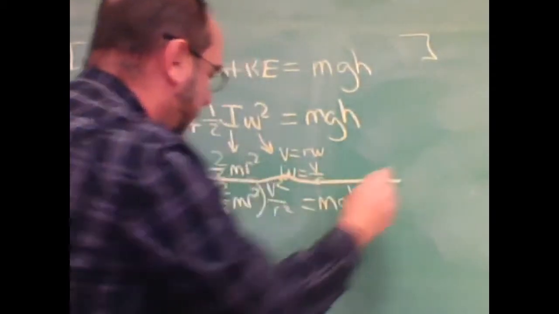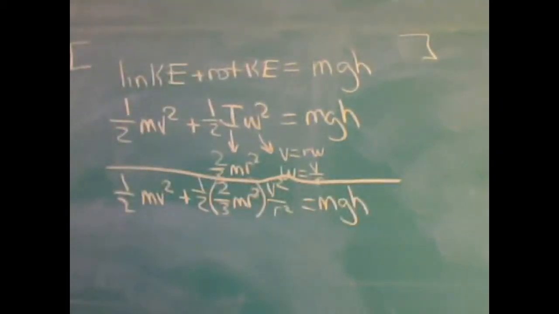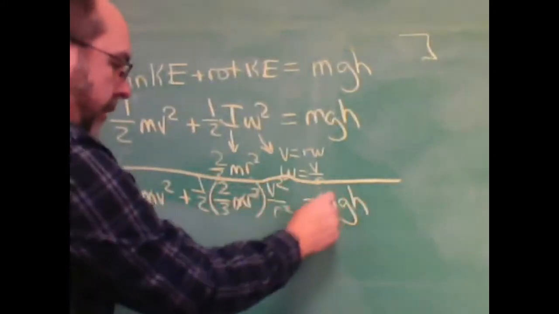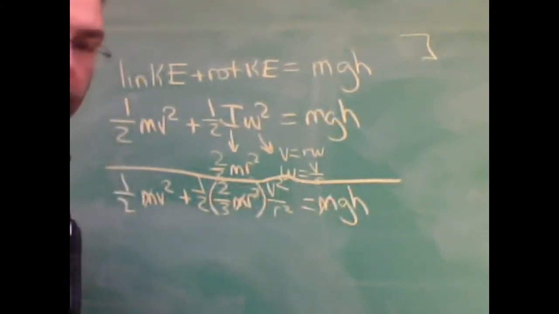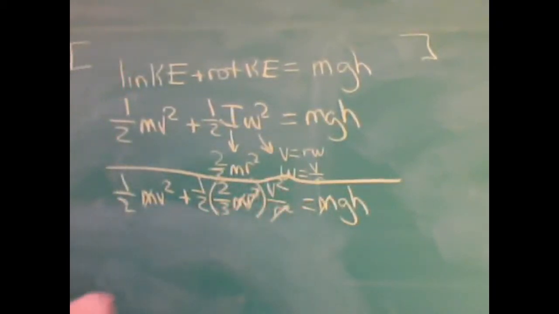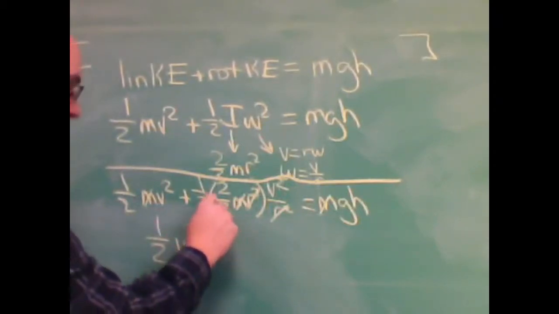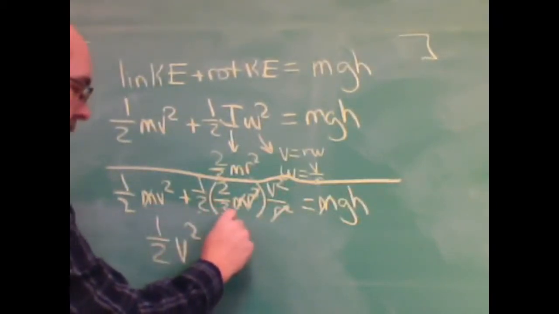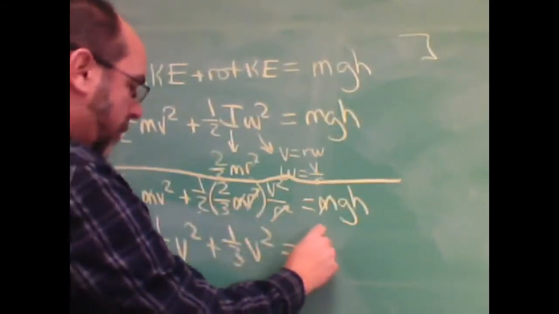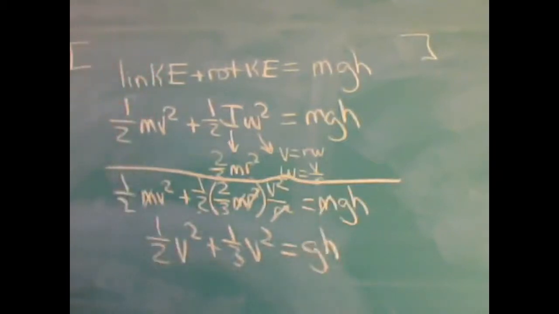Below the line, mass cancels because it appears in every term. And then conveniently enough, radius squared cancels. So we have 1/2 v squared plus 1/2 times 2/3, which is 1/3 v squared, equals gh.